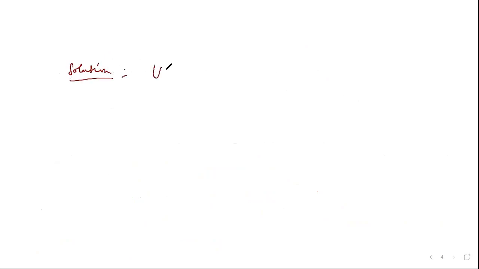Potential energy associated with the electrostatic force acting between the two protons within the uranium 238 atom will be given by this expression, 1 by 4 pi epsilon naught Q1 Q2 by R.